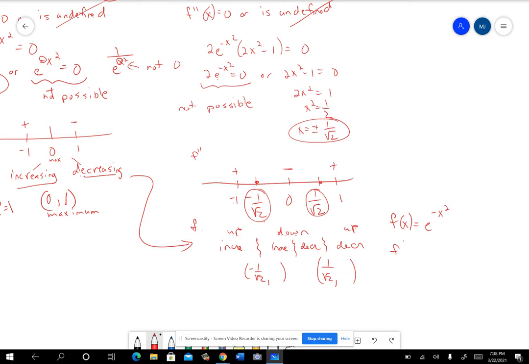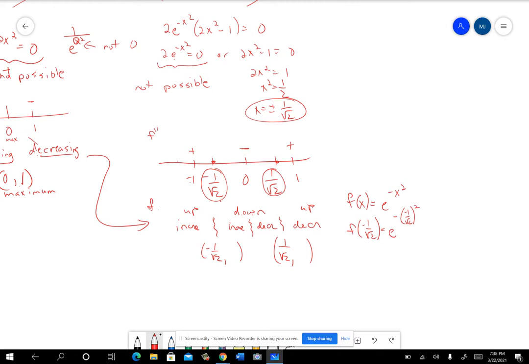So if you plug in a -1 over the square root of 2, I'll do it exactly and square it. Okay, that's going to equal e to the negative. That'll be +1. Square root of 2 times itself would be 2. So inside here, this part would be a 1/2. So you'd have e to the -1/2.